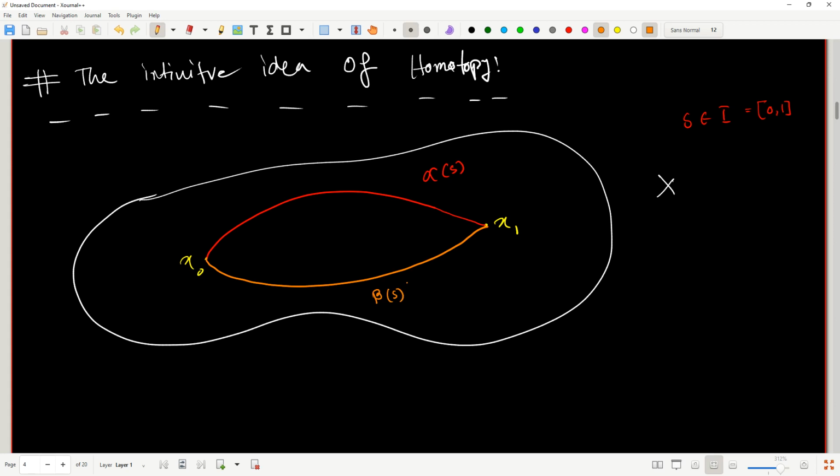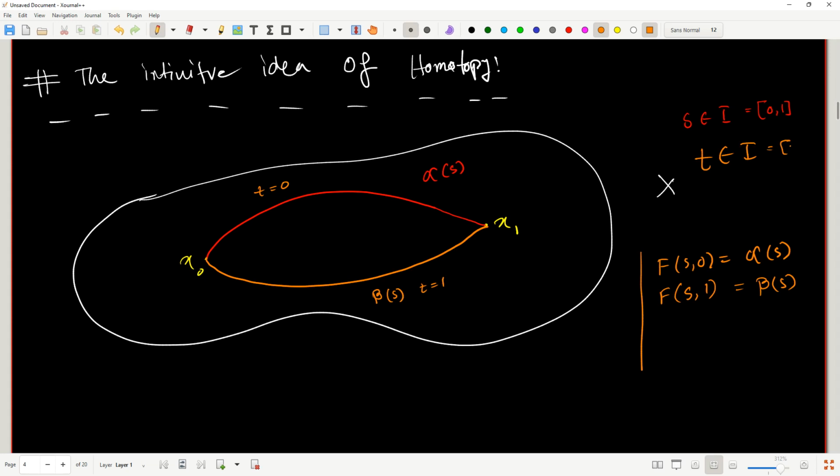So what does that map F do? Recall the conditions again. F of s comma 0 gives you alpha of s. So this red line alpha of s corresponds to t equals 0. And F of s comma 1 gives you beta of s. This is where t equals 1. And again, t also belongs to the same interval I that runs from 0 to 1.